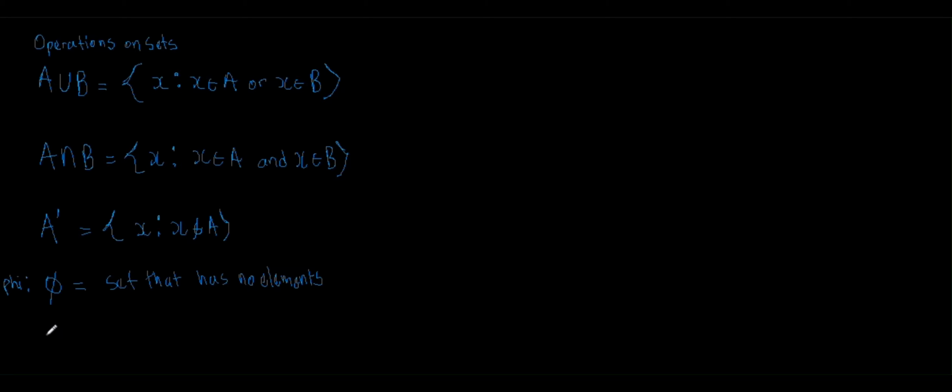Now, there are some useful properties to know about the empty set, meaning the empty set is an element of any set A. So the empty set is an element of any set, is a property of sets.